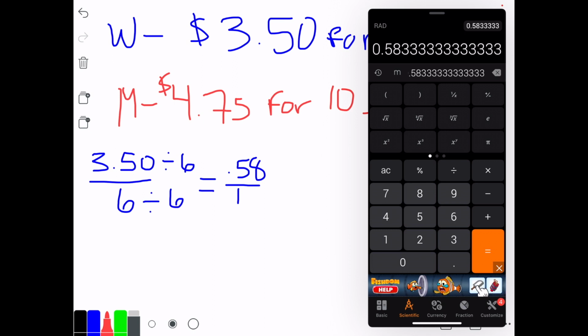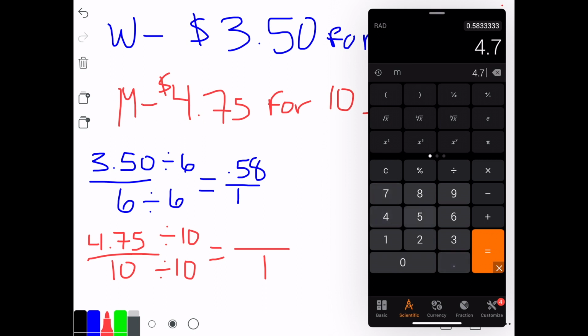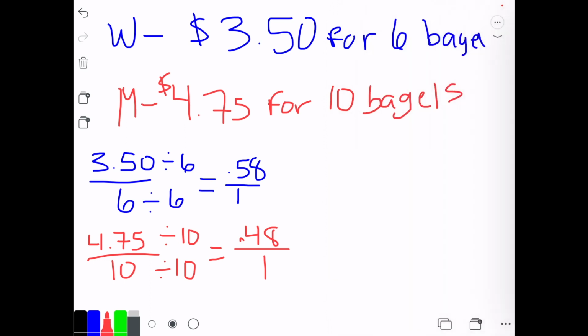For Meijer, we have our ratio of 4.75 to 10, and we're going to divide by our denominator, which is 10. So our denominator is 1, and 4.75 divided by 10 equals 0.475, and then with money we always round to 2 decimal places, or the hundredths place, and the 5 rounds the 7 up to an 8. So once again, Meijer ends up winning because 48 cents is cheaper than 58 cents.